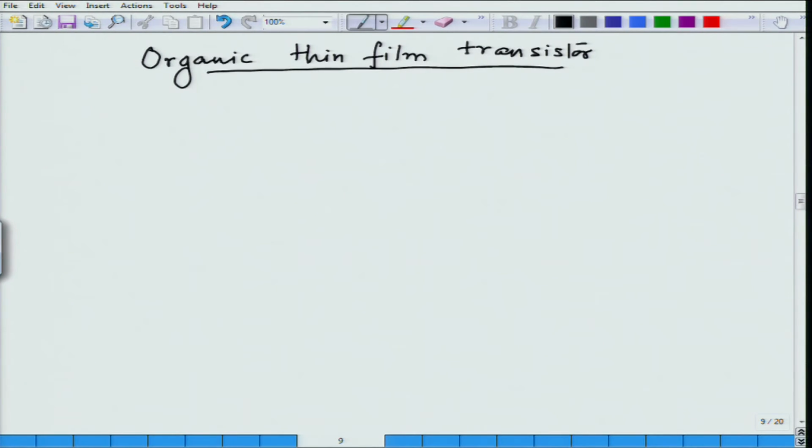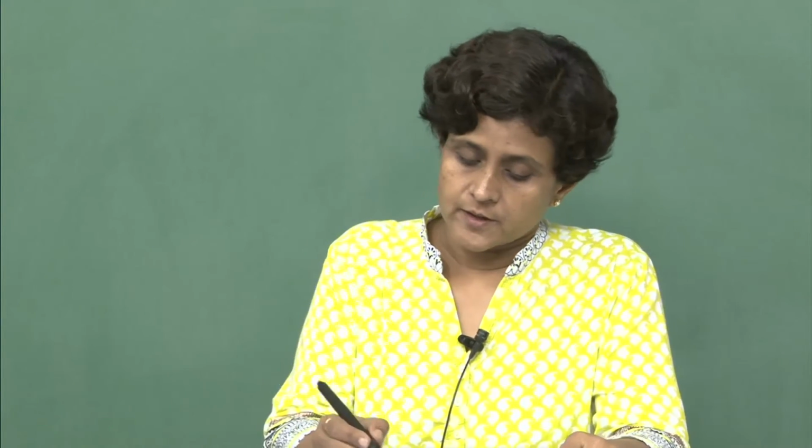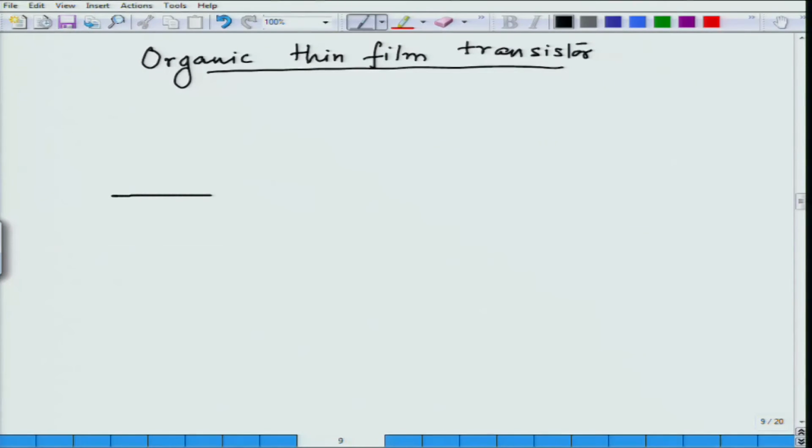First, what we discussed earlier in terms of transistors was that the more common transistor today in applications is the MOSFET, and if you recall, we discussed that for making a MOSFET we normally start with silicon as substrate, and then we oxidize it.